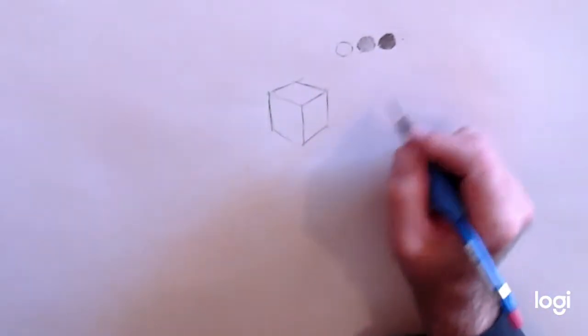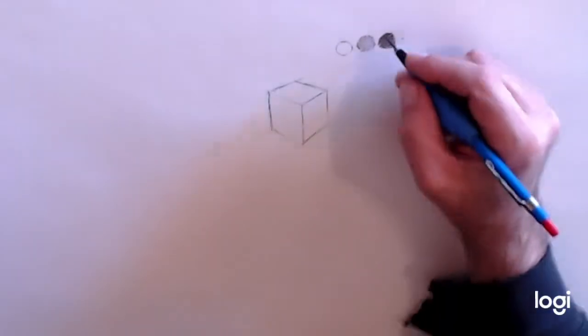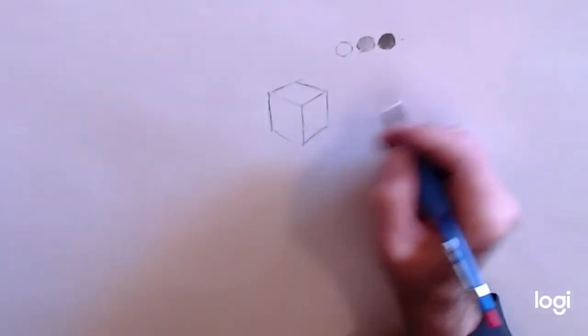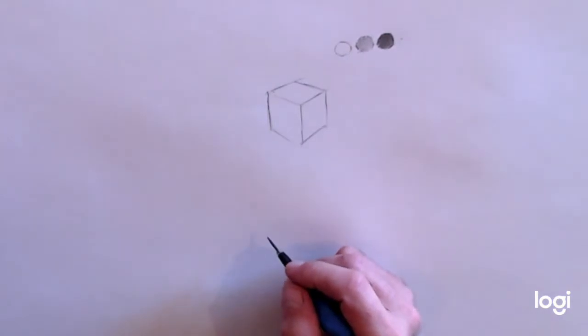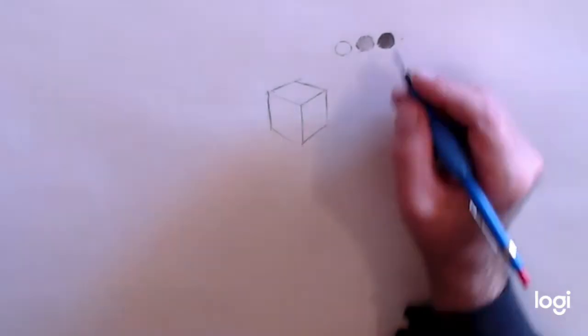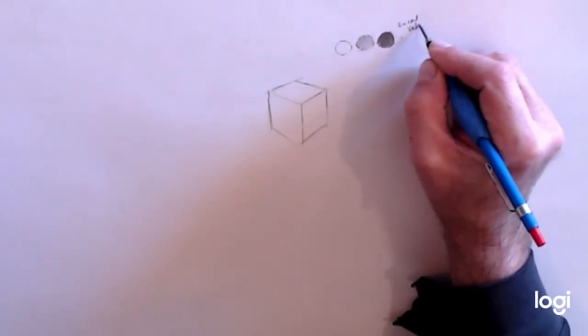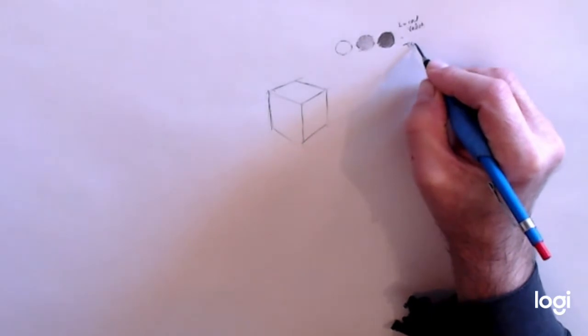The basic lightness and darkness is called value, but the value that you have of the object itself, like the pigmentation of the object, is called its local value or true value.